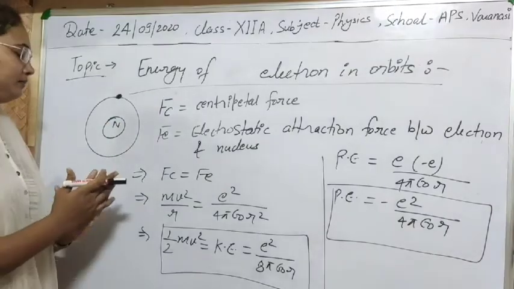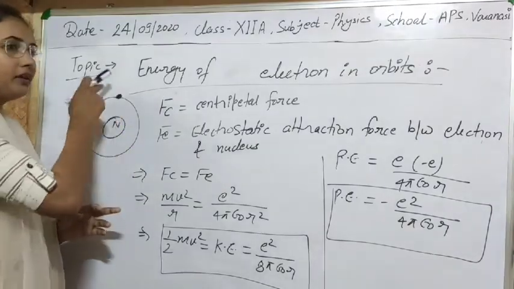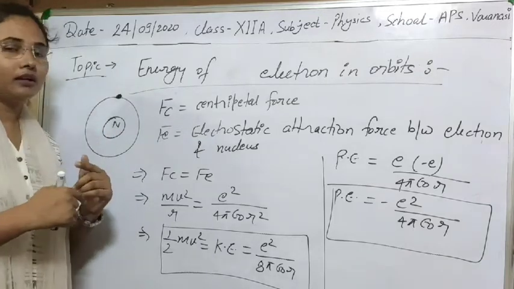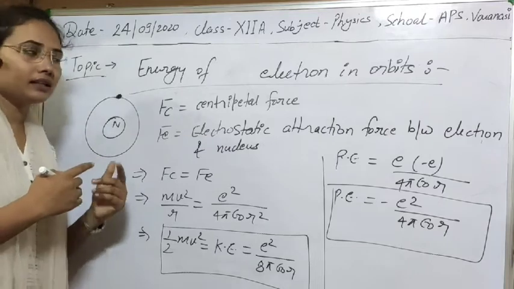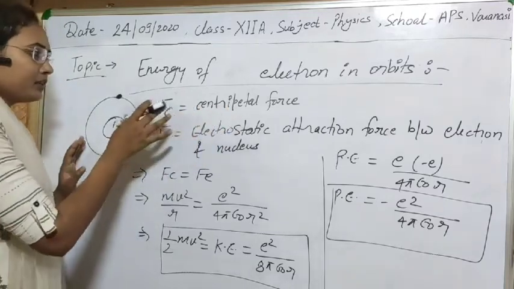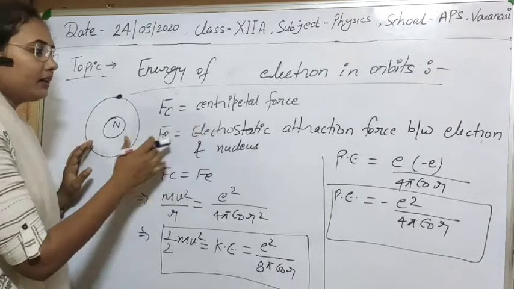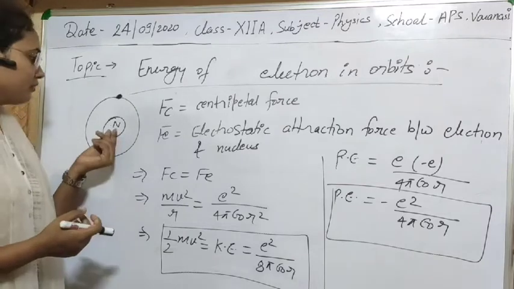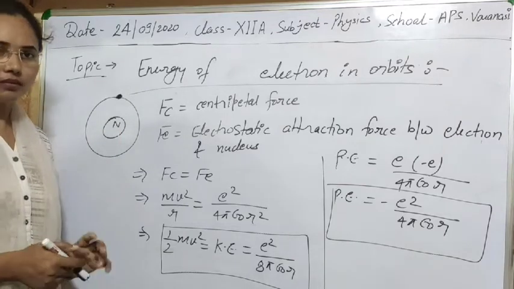If anybody wants to keep its motion in a circular path, it needs a centripetal force, and in this case this centripetal force is provided by the electrostatic attraction force between the electron and the positively charged nucleus. Clear?